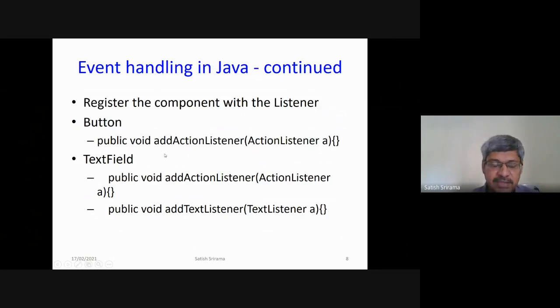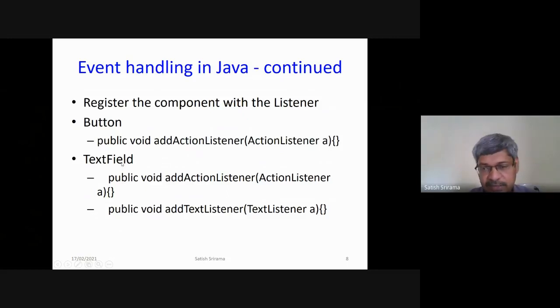As I mentioned, a button, when you click it, generates an action event. So for the button you have to add an action listener, which will process the action event when you click the button. I will demonstrate it, then you will understand it. Just wait for a few more points.